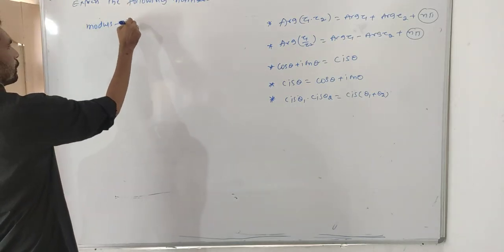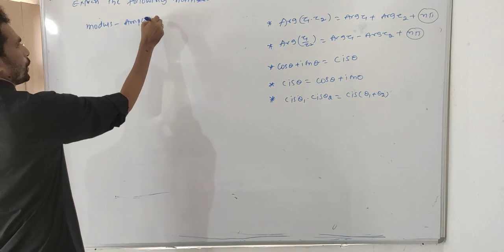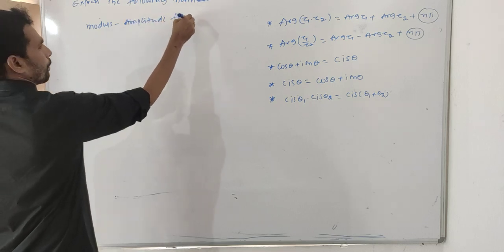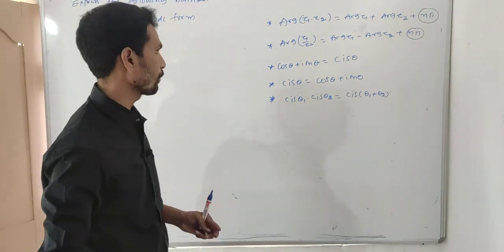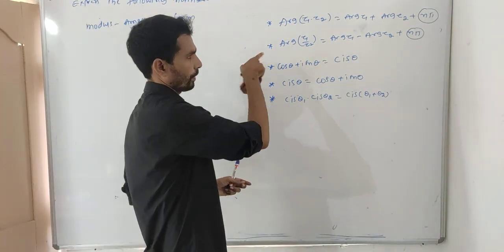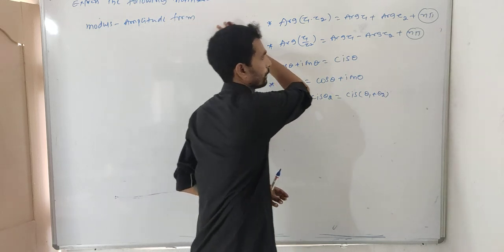Modulus amplitude form, polar form and argument form are all equal. Here are the formulas.